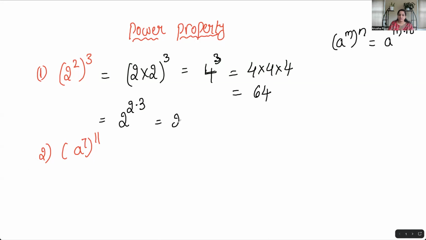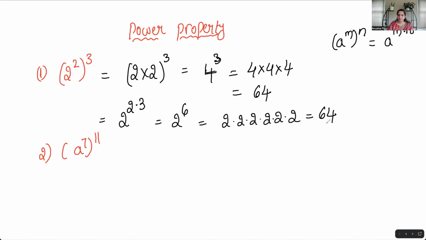What is 2 times 3? 6. So 2 to the power of 6 is nothing but we will expand the 2 six times and write it. So 2 times 2 is 4, 4 times 2 is 8, 8 times 2 is 16, 16 times 2 is 32, 32 times 2 is 64.